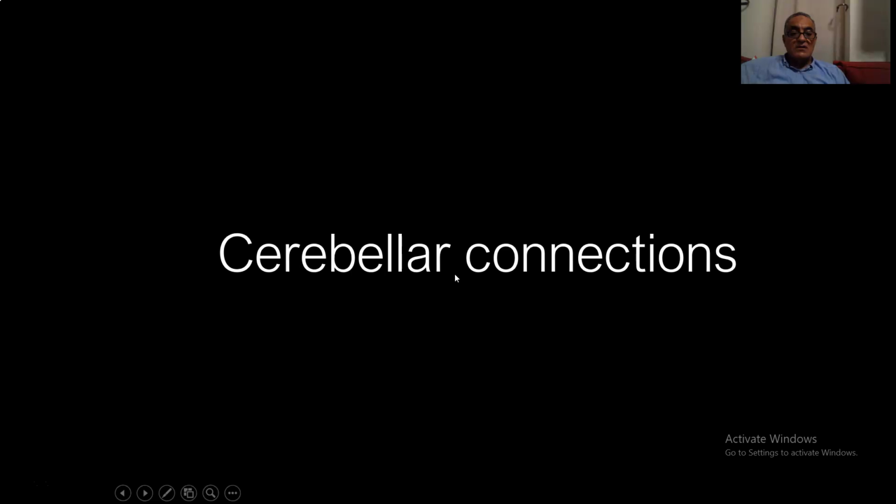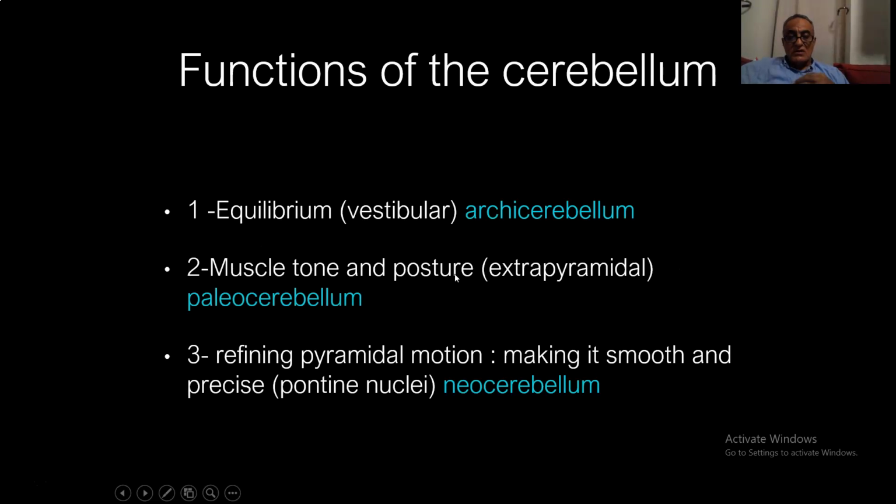The cerebellar connections: before talking about the connections, we should know what the functions of the cerebellum are. The cerebellum, as we said, is divided into several parts. Equilibrium is one of the most important functions of the cerebellum, and it is a function of the archicerebellum. As we said, it is present in fish. Muscle tone and posture involve the connection with the extrapyramidal system and are the function of the paleocerebellum, along with refining pyramidal motion.